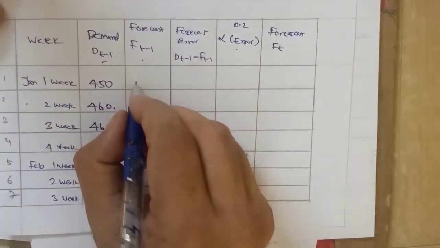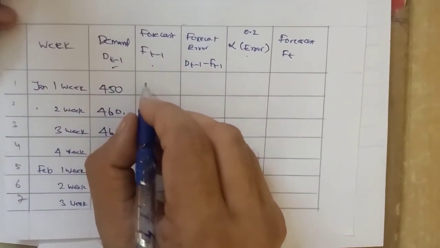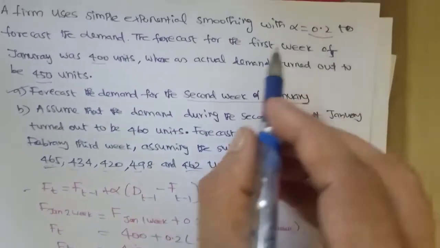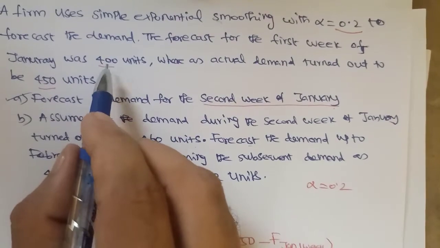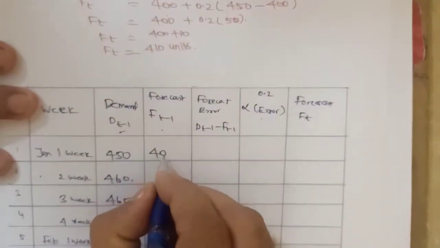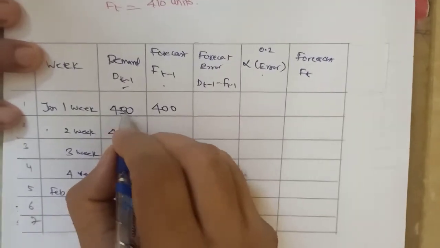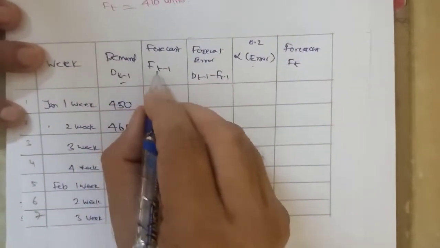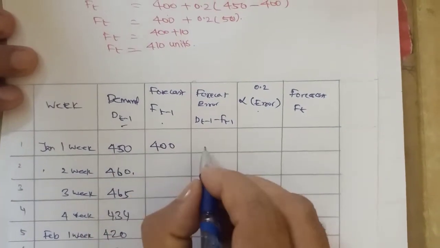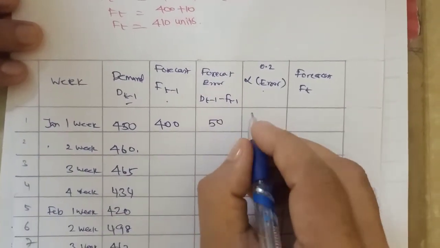So here the forecast for the January first week is already given in our problem. The forecast for the first week is 400, already given, and so here 450 minus 400, demand minus forecast, dt minus 1 minus ft minus 1, is the forecast error. 450 minus 400 is 50.